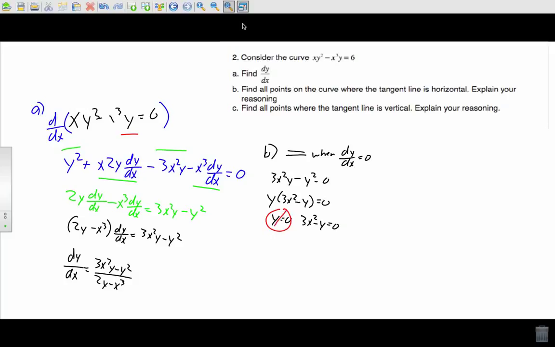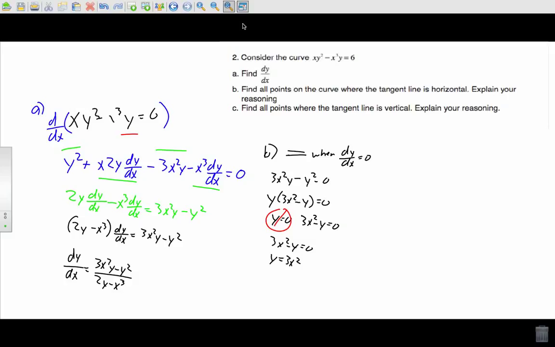So what that means for us in part B is 3x squared minus y is equal to 0 will be the point where you'll have a horizontal line. And it might be 1 point, it might be 2, we don't know yet. So what you really get is when y is equal to 3x squared, every time y is equal to 3x squared in the original equation, you will have a horizontal tangent line.